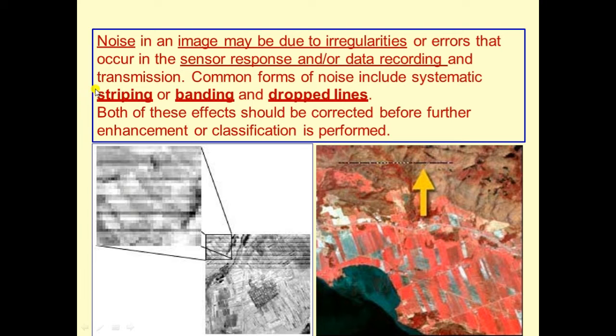Noise in an image may be due to irregularities or errors that occur in the sensor response and/or data recording and transmission. Common forms of noise include systematic striping or banding and dropped lines. Those are noise like band lines, so the image is very distorted and we have to correct it. In some banding, we see fractures in the image where features are missing from that point.